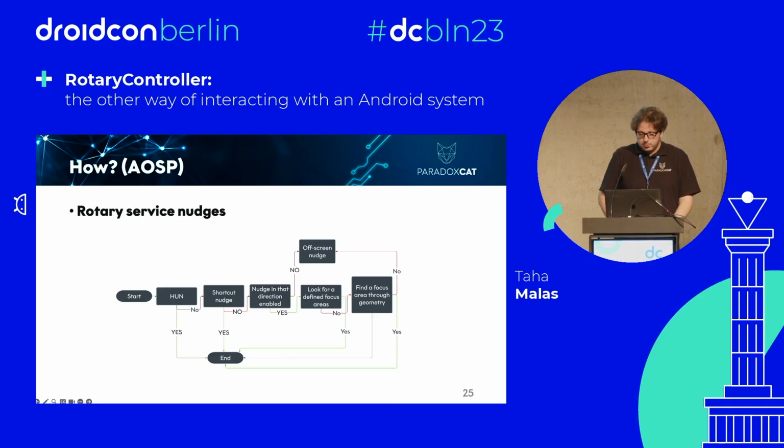But if it is enabled, then it would look for a defined focus area. That's like if you have another focus area and that direction is defined, then it would focus it. If not, then it would look for views that are not inside any focus area with the geometry algorithm, in which it would find the best candidate to focus in this case.